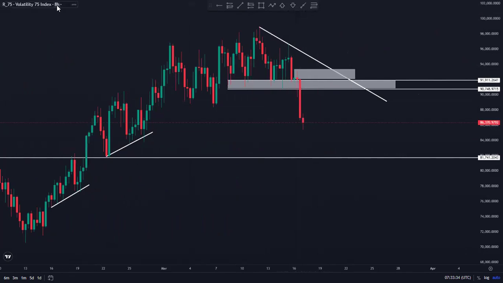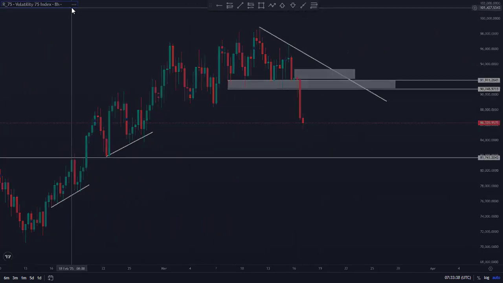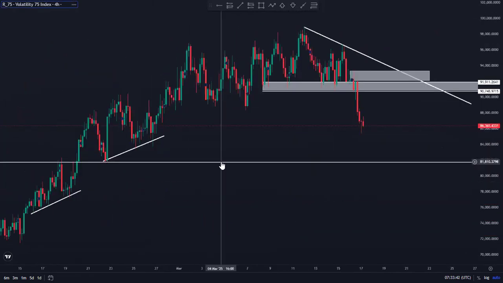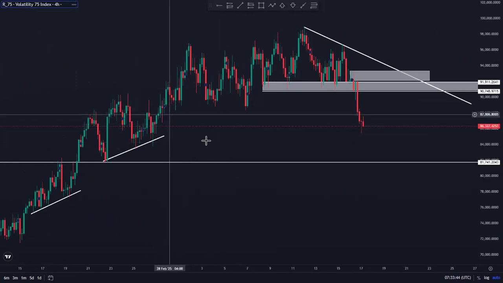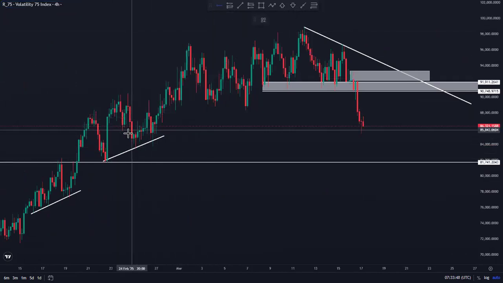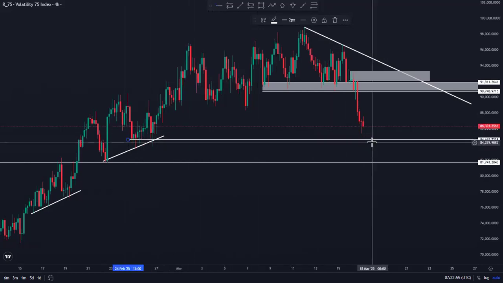Even if there is, let's go to smaller time frames. And guys, for you to become profitable, do not force trades. Do not force trades. Right now, you see here, we have a minor support. The support is here. They might respect it, but our chances are very small.